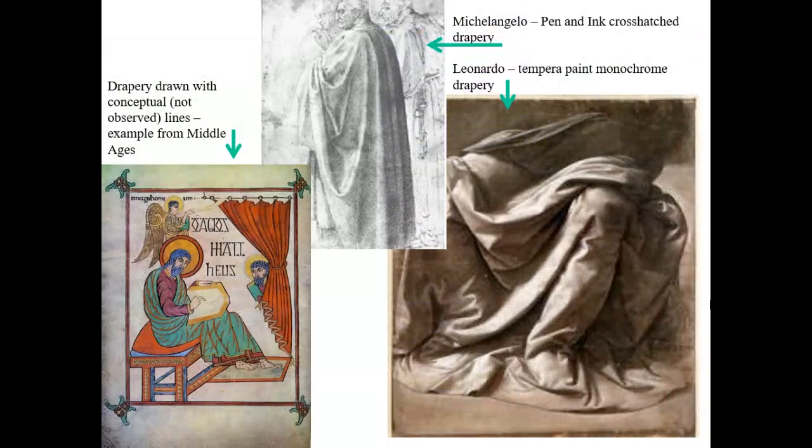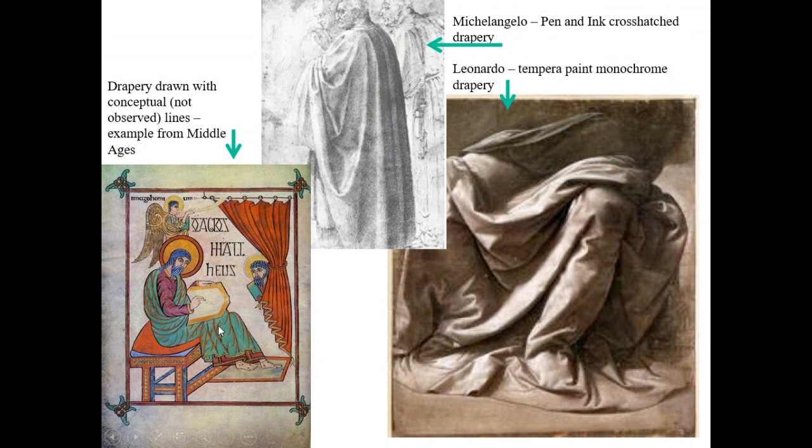So why is it important, I suppose, for us to think about an artist developing skill through drawing? When you look at the difference between these images on the left, Middle Ages, and a similar image by Leonardo on the right, it's kind of obvious that what looks more real to your eye is the way this drapery seems to flow across the lap, over the thighs, and lower legs of a seated figure.